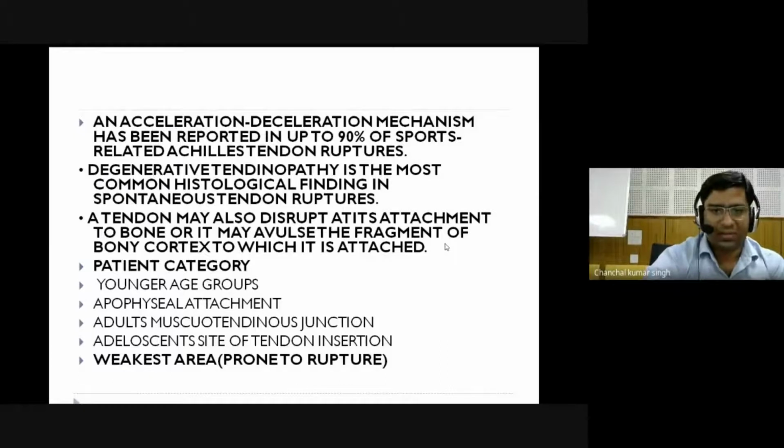That leads to an avulsion injury of the Achilles tendon. Or, where there is already pre-existing tendinopathy, you can have a mid-substance tear as well.